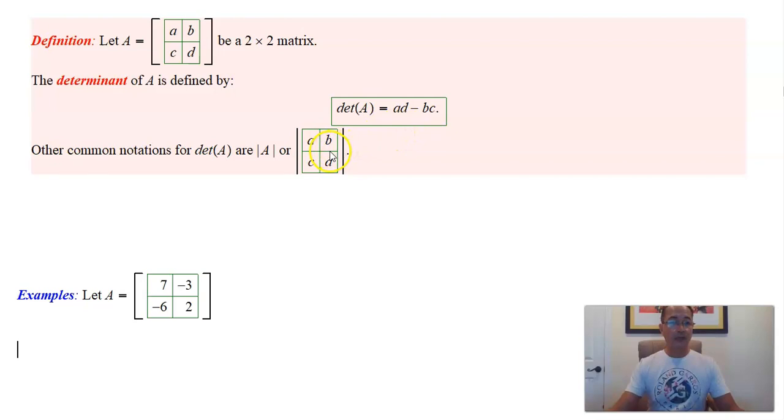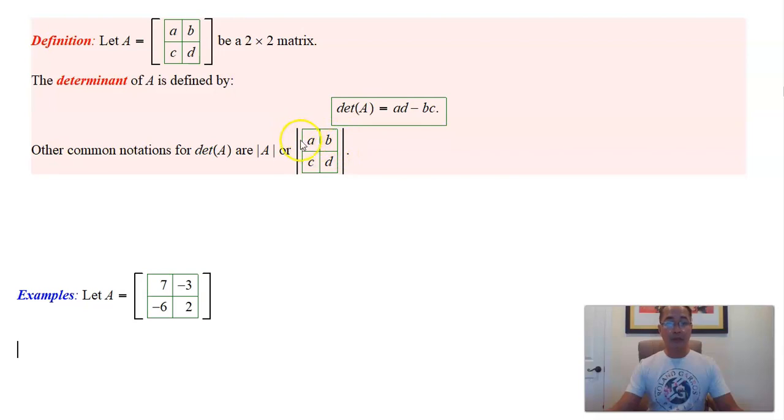So other notations for the determinant of A are the matrix symbol A surrounded by these vertical bars that you might think represent absolute values, but no, they don't. And we can also write it as the matrix entries surrounded by these vertical bars.